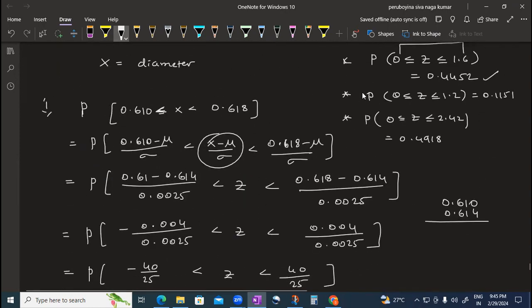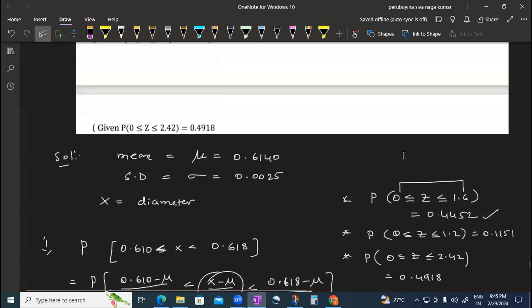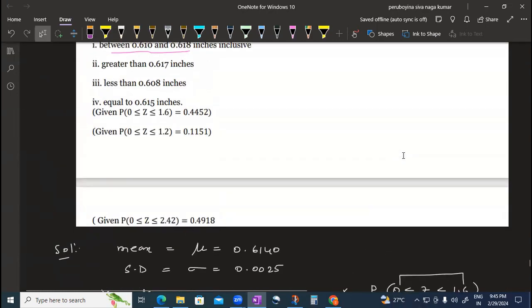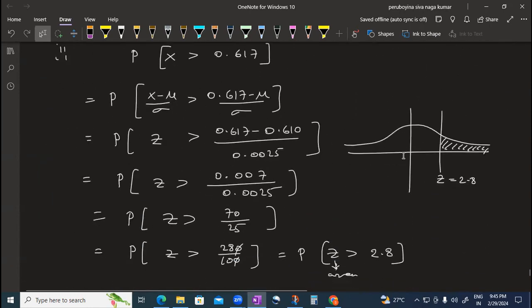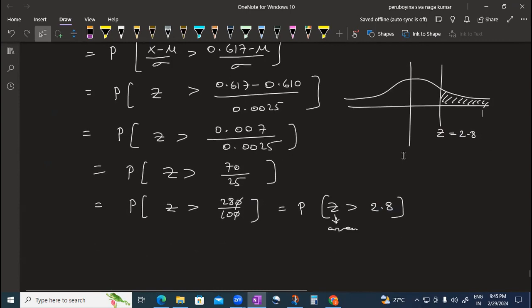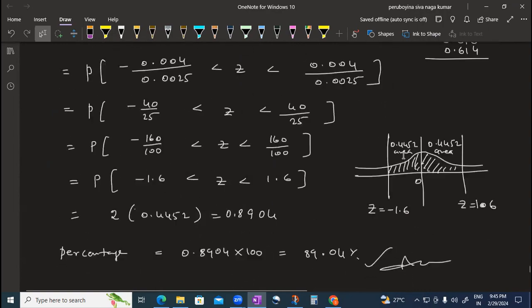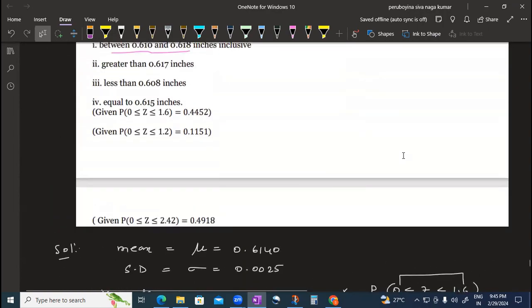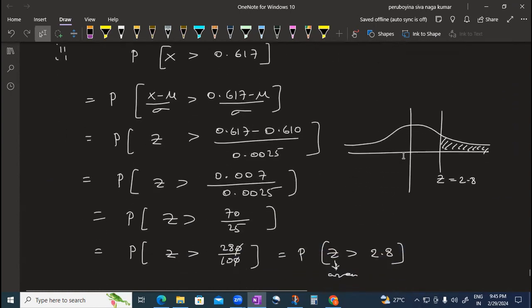And it was given that from 0 to 2.42. It is not given, no? But there is no 1.2. Is it mean how much? Oh, mean is 614. No, sorry, mean is 614. Please get clarification from here.